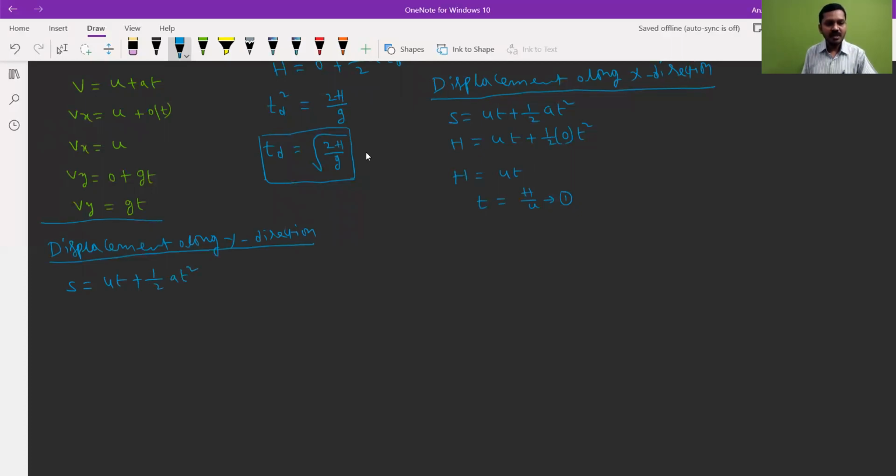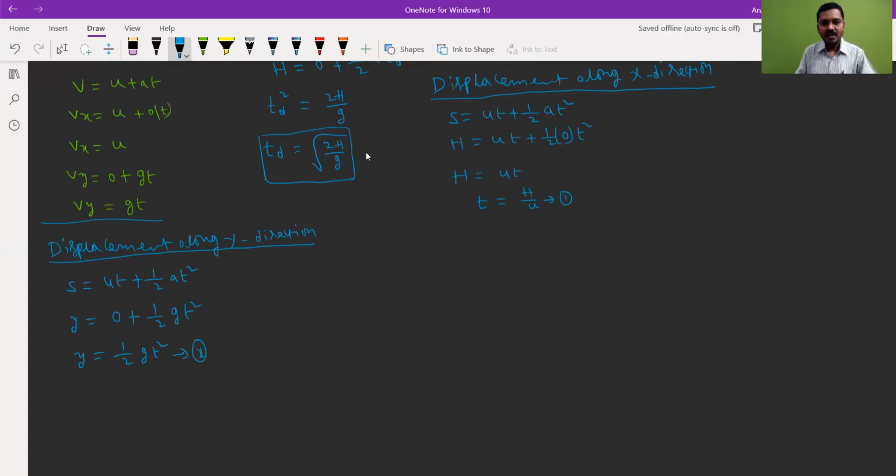But the displacement S is here y, is equal to, the velocity along the y direction is 0, plus half into a, where a is equal to g, and t square. Therefore, y is equal to half into g t square.